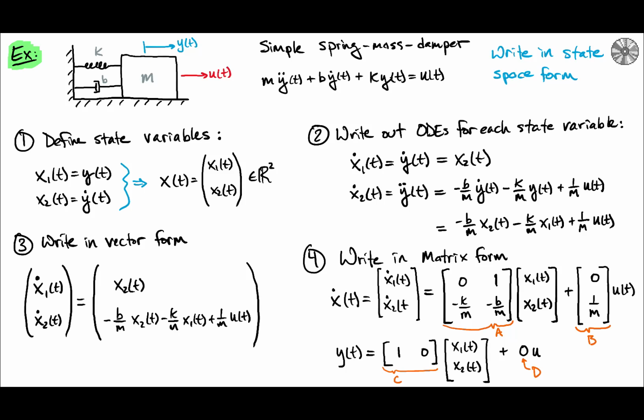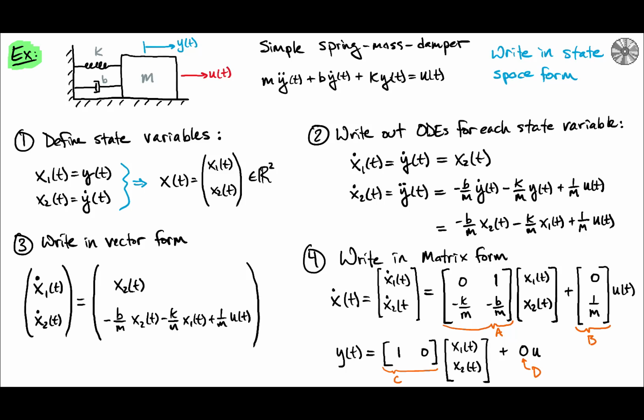And so we do that by extracting x1 and x2 from these expressions and writing that in terms of a matrix multiplication of a matrix A multiplied by the vector of the states, x1 and x2. So we have x dot, a vector of x1 dot and x2 dot, and that's equal to this matrix A multiplied by that same vector x1, x2.